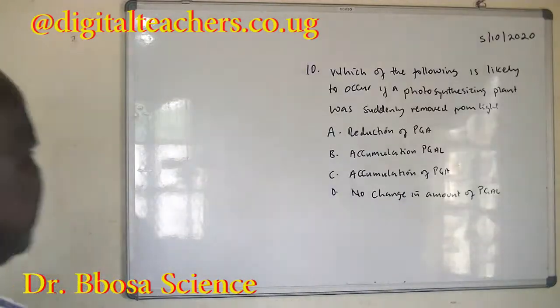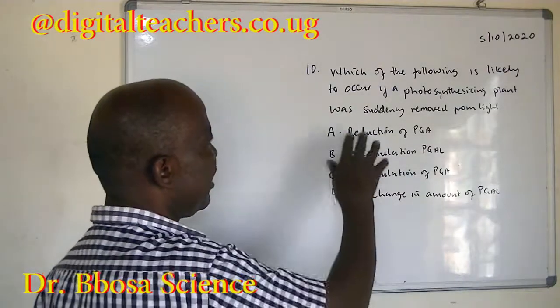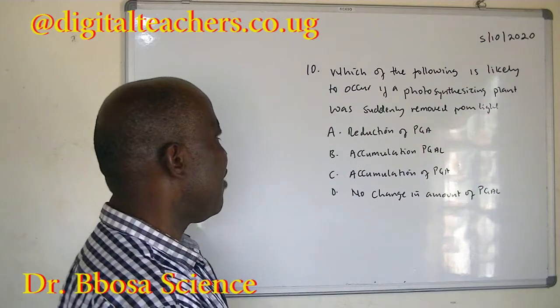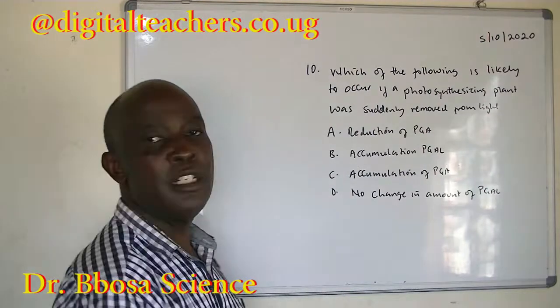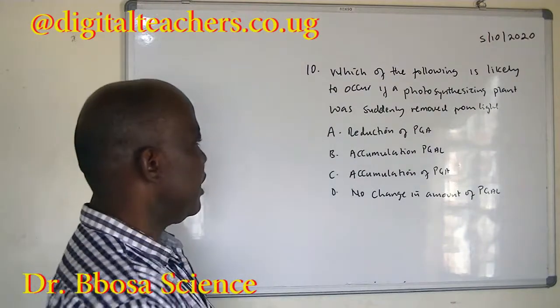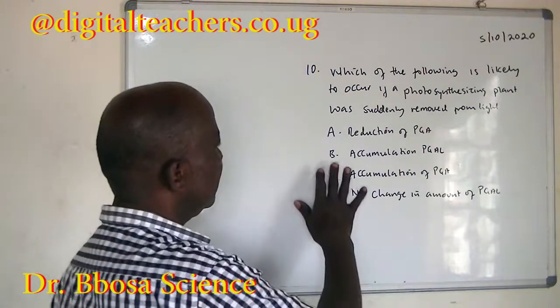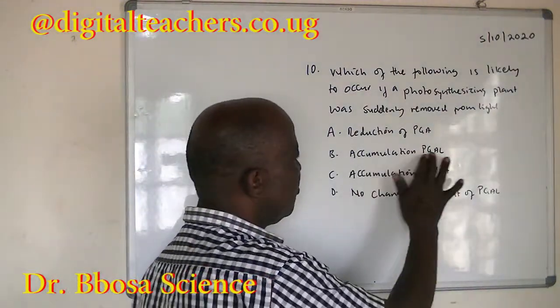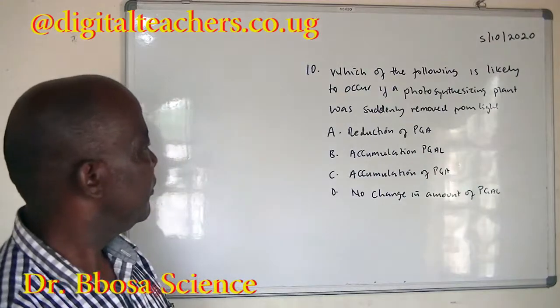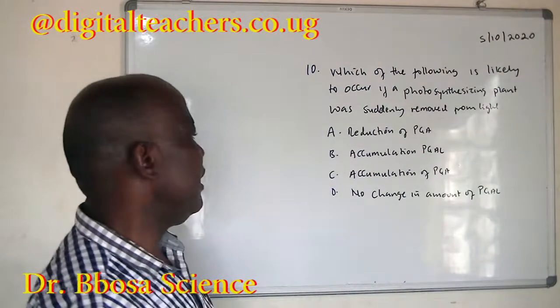Number 10, which of the following is likely to occur if a photosynthesizing plant was suddenly removed from light? A. Reduction of PGA. B. Accumulation of PGAL. C. Accumulation of PGA.